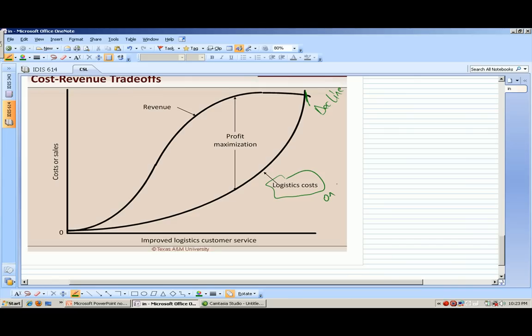It could be on-time delivery, response time when I have urgent shipments, and fill rate: what percentage of customers come to my store and find the product in the store.